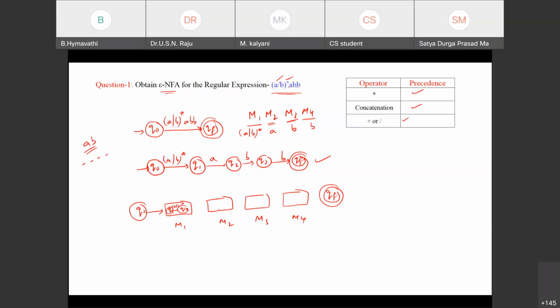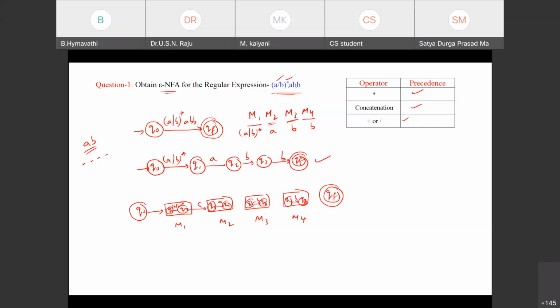Then what is M2? Q3, Q4, Q5, Q6, Q7, Q8. What is between Q3 and Q4? A. And Q5, Q6? B. Q7, Q8? B.